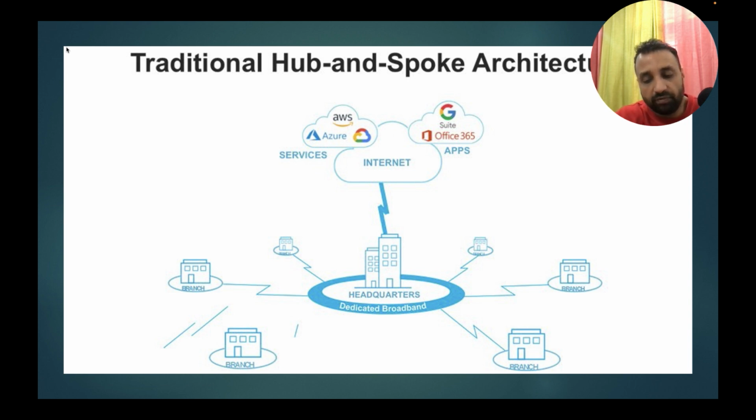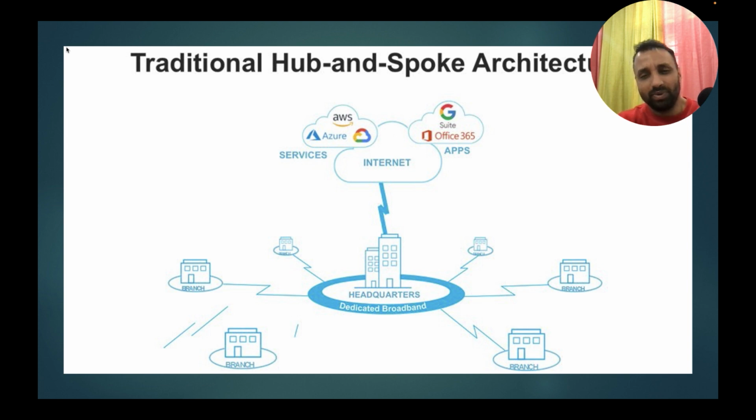Take any top bank of our country as an example. Each branch would get an internet connection, and whenever users are browsing, this traffic will go to the headquarters network, and from there it will go to the internet. So they were trying to control everything. They were monitoring what users were doing, and they were providing security. End users were all working in this hub and spoke manner.